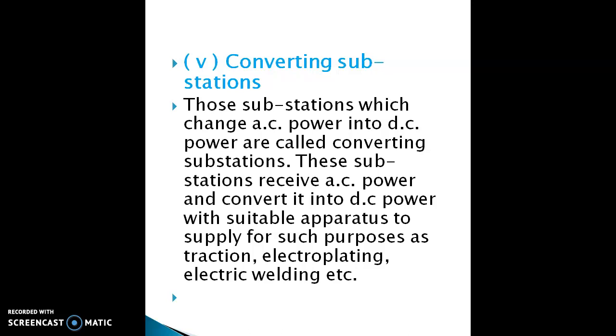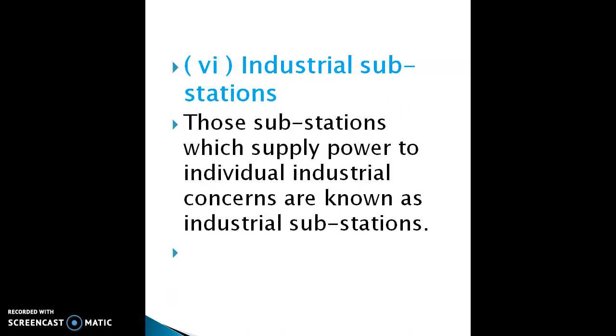Those substations which change AC power into DC power are called converting substations. These substations receive AC power and convert it to DC power with suitable apparatus to supply for such purposes as traction, electroplating, electric welding, etc.